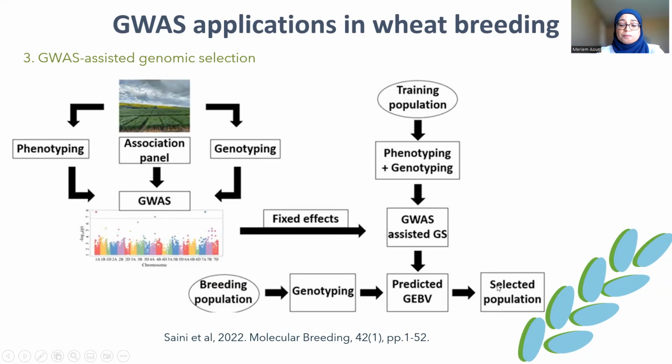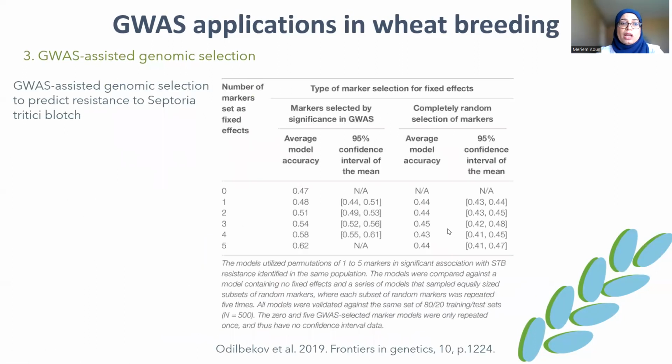And this shows to be effective in increasing the accuracy of prediction. Here is an example of how GWAS-assisted genomic selection helped to improve the prediction accuracy for resistance to Septoria tritici blotch. In this table, you have the number of fixed effect markers from 1 to 5, and these markers were fitted because they were significant in the GWAS, and to compare the effect, they also selected markers that were randomly selected.